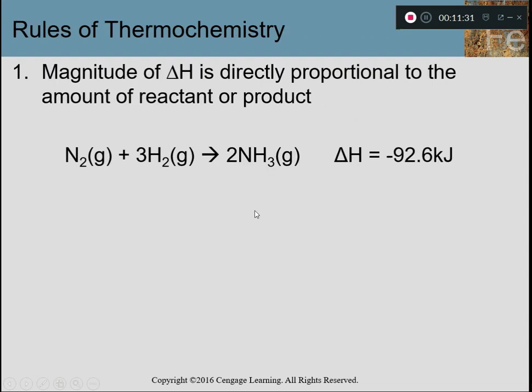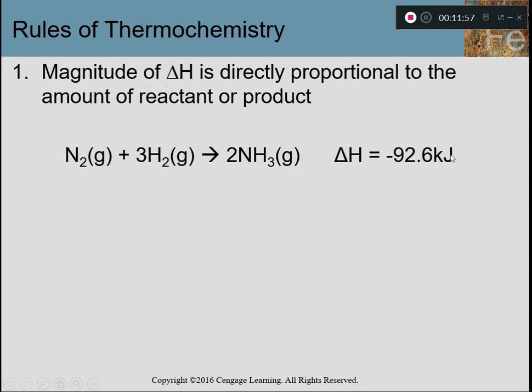Okay, so let's talk about some of the rules of thermochemistry. So first off, we mentioned that the coefficients out front have a significance. For every 1 mole of nitrogen that reacts with 3 moles of hydrogen, you're going to get 2 moles of ammonia, and when that happens, you're going to release 92.6 kilojoules of energy.